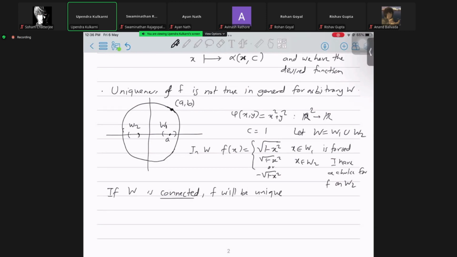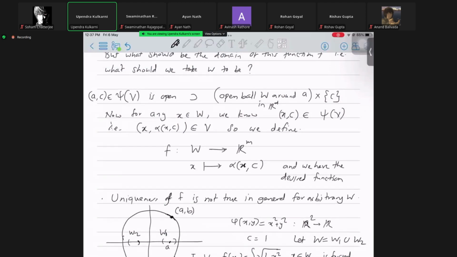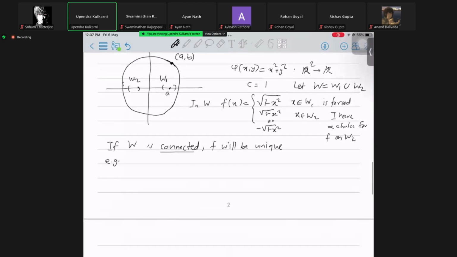So let me just sketch this, and try to work this out on your own. For example, I took W to be an open ball, and a ball is connected.